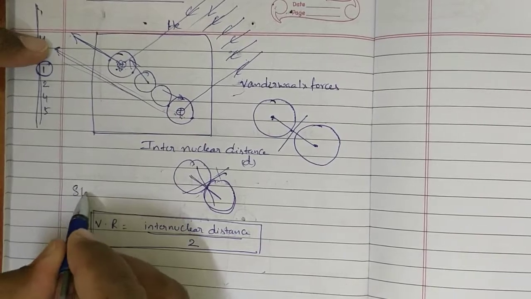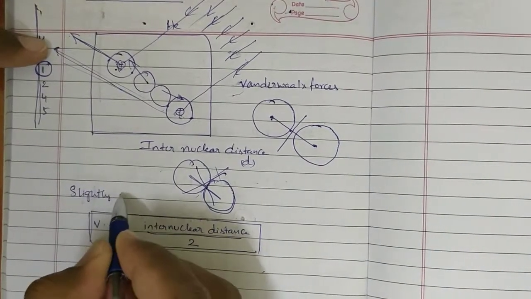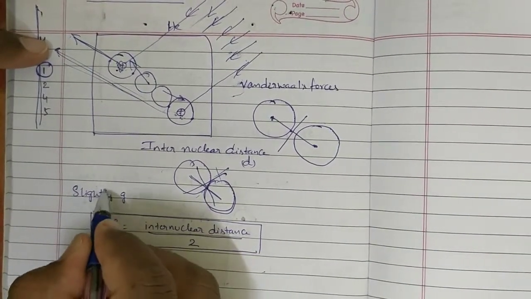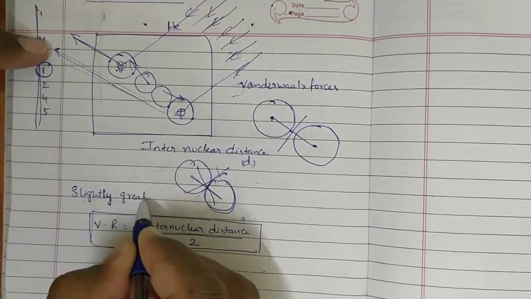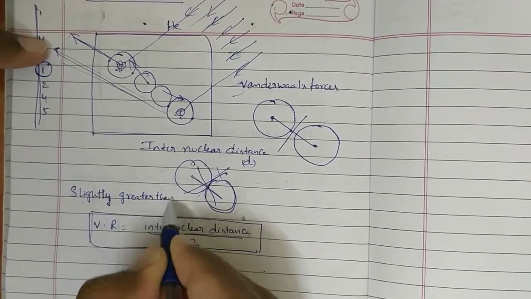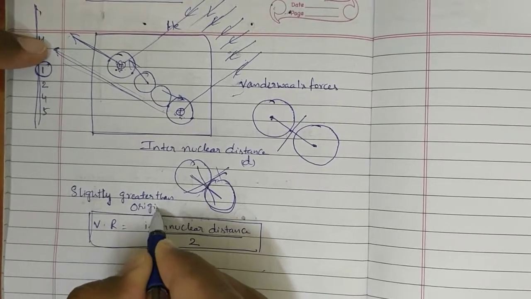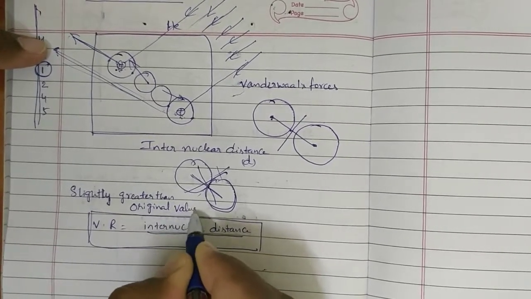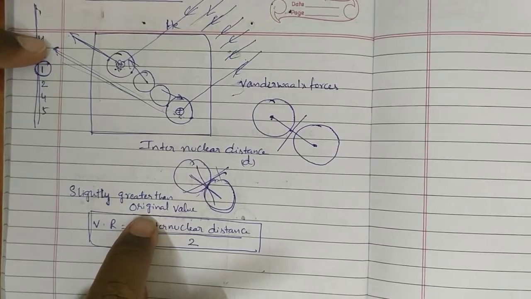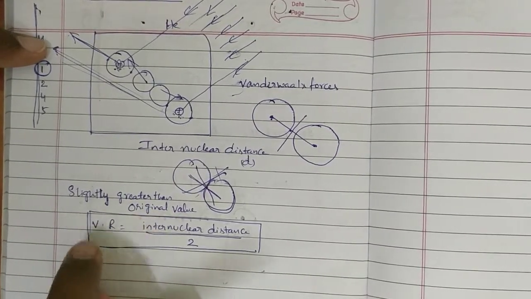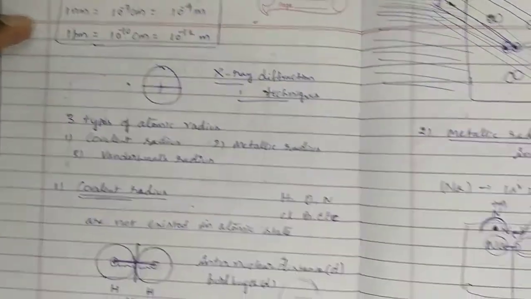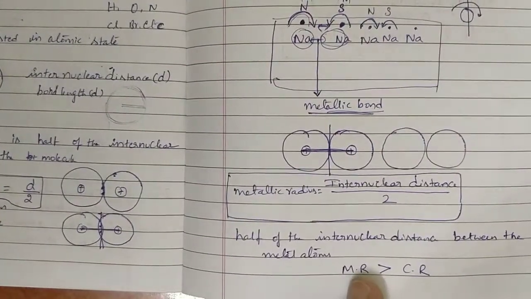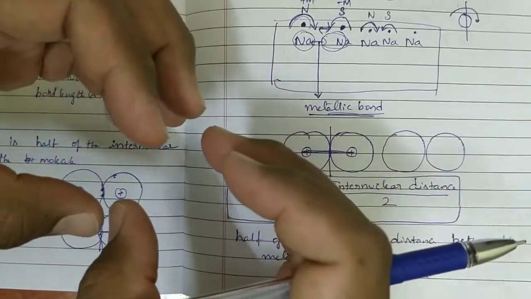It is slightly greater than the original value, so automatically it is greater than the metallic radius also. At least in metallic radius they are coming nearby each other, correct or not?